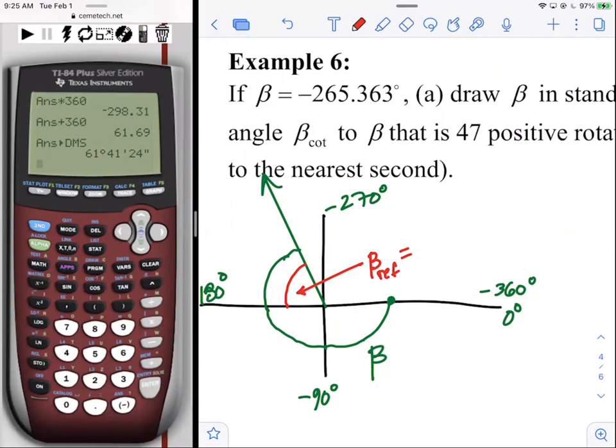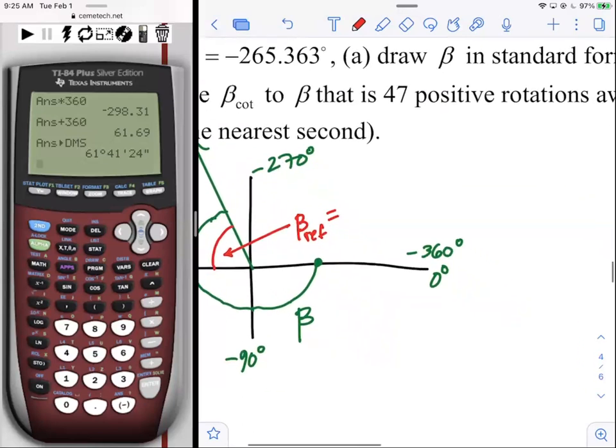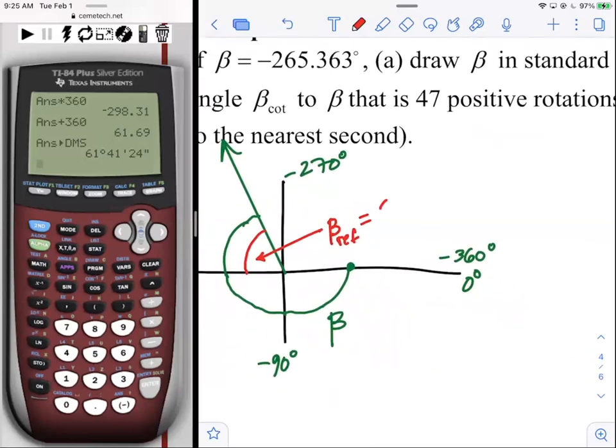And I went past 180. I want to know how far past 180 I went. So I'm just going to say that this is going to be positive 265.363, or in other words, the absolute value of the angle. And then I'm going to subtract 180 from it. So when you're finding reference angles, it's easier if you just work with the scalar quantity.